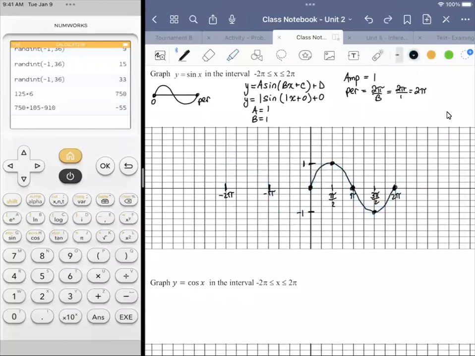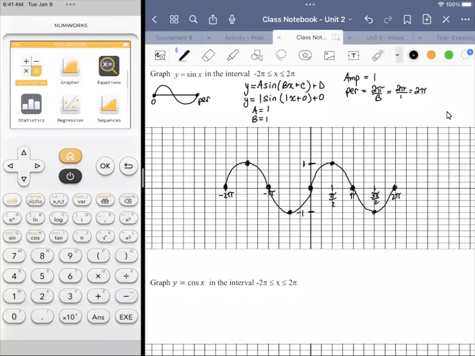So at this location, I'll be at the minimum. Here I'll be at the midline. Here I'll be at the maximum, and then back to the midline. Yeah, the last little bit, let me fix that. All right. So that's what the sine function would look like over the -2 pi to 2 pi interval.